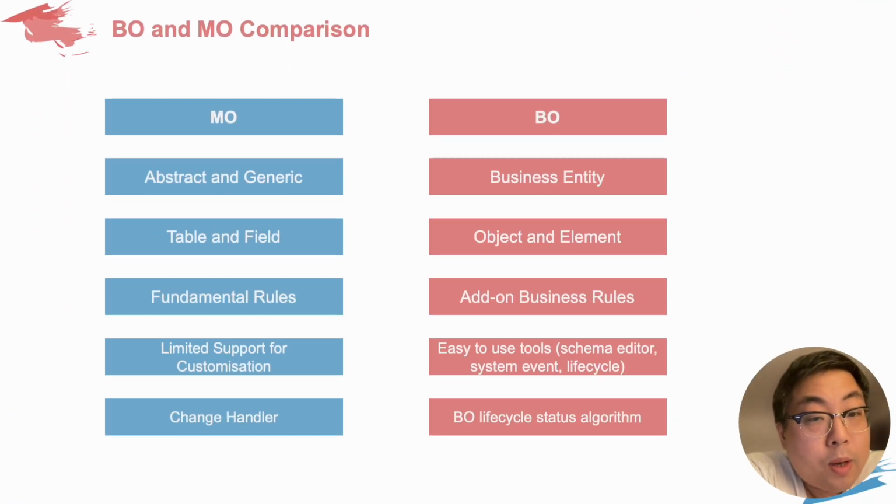Now let's do a quick comparison between the business object and maintenance object. So for maintenance object, it's abstract and generic. For business object, it represents the business entity. Remember, for one maintenance object, you can have many business objects, and that is actually a very important feature in the system, because let's say for a person maintenance object, you could have multiple BOs.